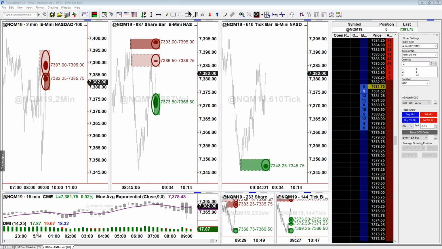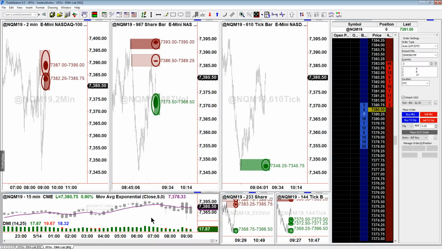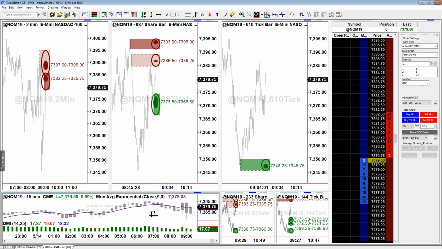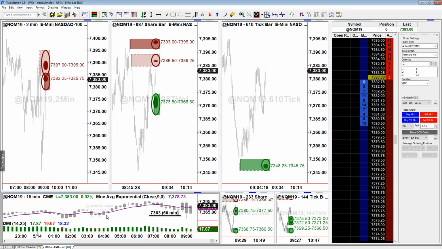You may remember, let me write it down, we were talking about a target located at 73.63 earlier. Remember that? That was extracted from the 16-minute time frame earlier, just to refresh your memory. That was where the target was set.